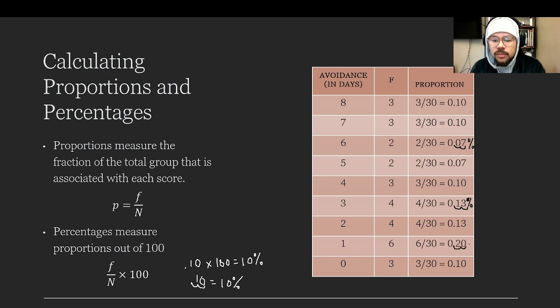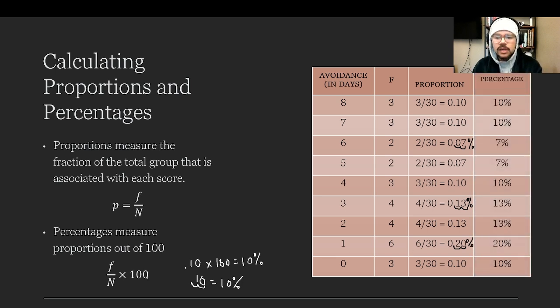Here with this 0.20, move it two places to the right, we will have 20%. All right. So we just kind of move forward here. Of course, I already did the math on this one. So moving from proportion to a percentage, you can move your decimal two places to the right, include your percentage symbol, and you're good to go.